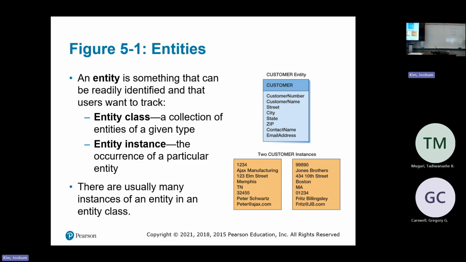Those are called instances. The thing loaded into memory is called the instance. Make sense? So this class and instance is the same concept as in object-oriented programming languages.